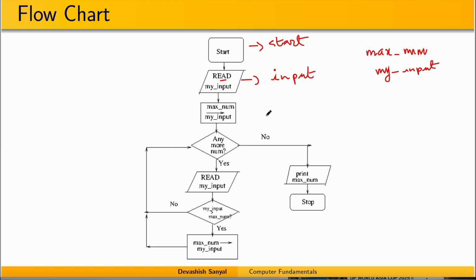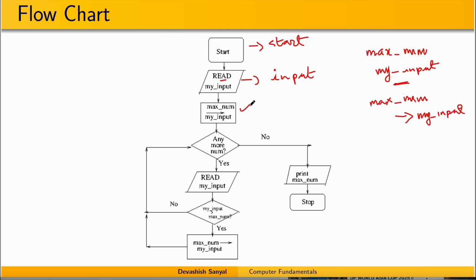Now this has been allocated, so whatever is in my input will now go to max num. What is written is max num will take the value of my input. That's what is written in that box.